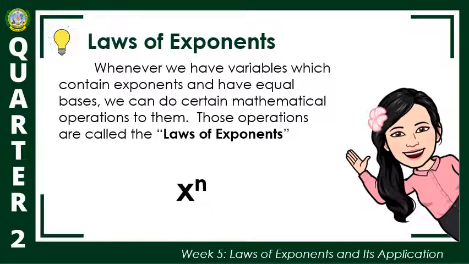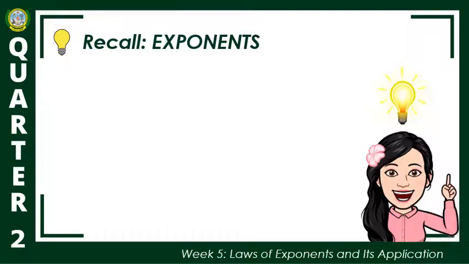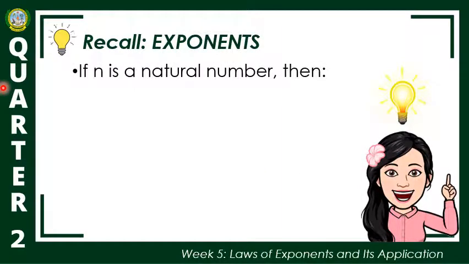When we say x raised to the power of n, x is called the base and n is called the exponent. Ano nga ba kapag sinabing exponent? If n is a natural number, then x raised to n is equal to x times x times x up to the nth x.